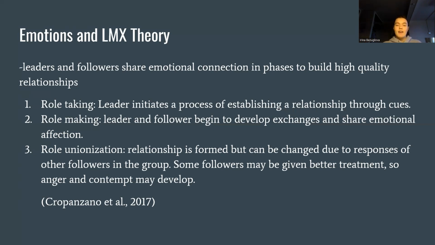For example, because the leader and the member both share kids, the leader can maybe give an extension deadline to the follower that does have kids because they have to take care of their families first. So that is kind of like the special treatment that we talked about in the in group. So the people who are either on the out group or who are other followers can express anger and contempt because they're given better treatment than others.